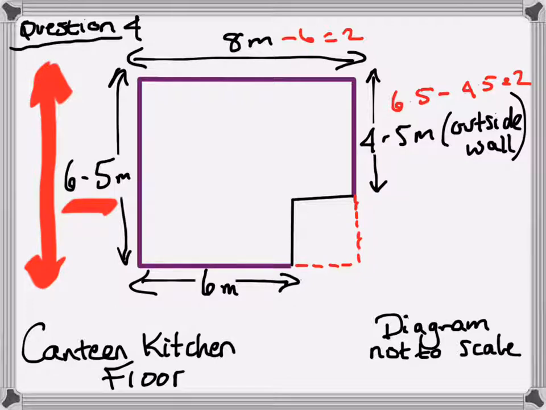So you've got to assume that this is going to be 2 meters by 2 meters that is missing. And you can use it in the calculation and then subtract it later on, okay? So I'm going to just erase this so that there's no confusion as to why we have this on the screen. Right?